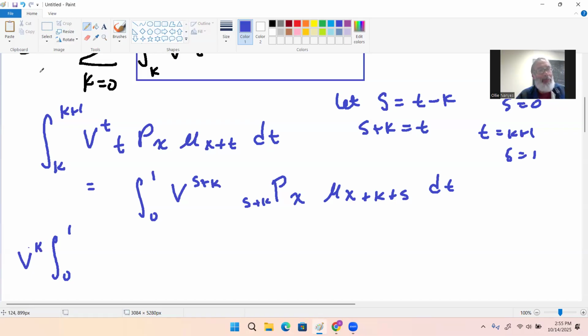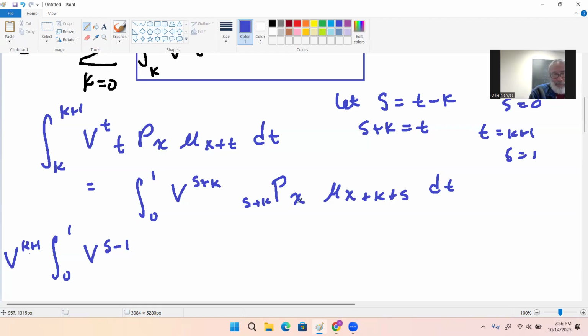In fact, I'm going to do one better than that. I'm going to move this over and put a K plus 1 here. Now there's a reason I'm doing that. Then this becomes v to the s minus 1, which is fine.